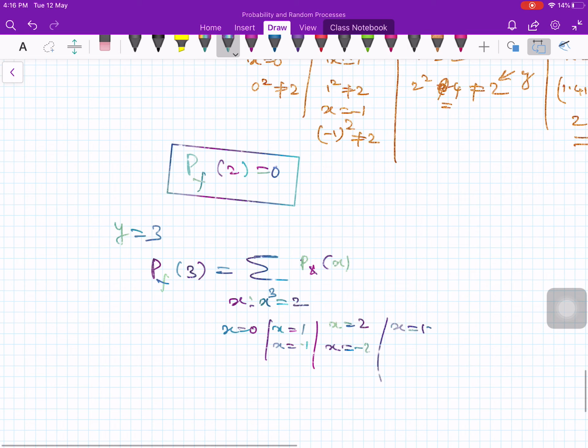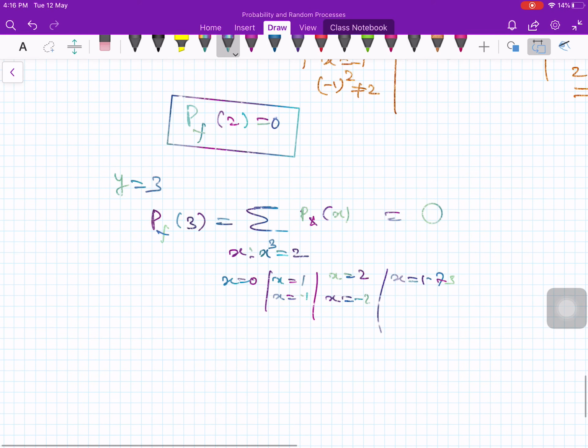But x equal to 1.732 satisfies approximately. But again, at that point the probability is 0. So that also leads to 0 value. Then Py of 3 is equal to 0.